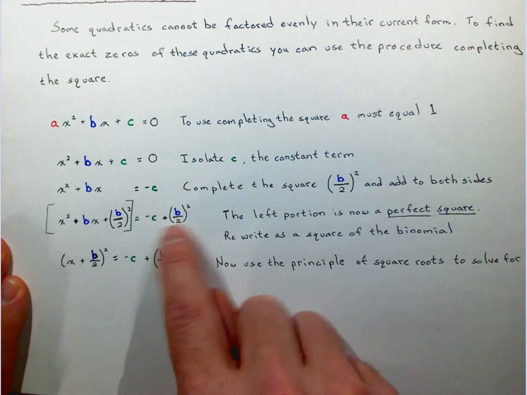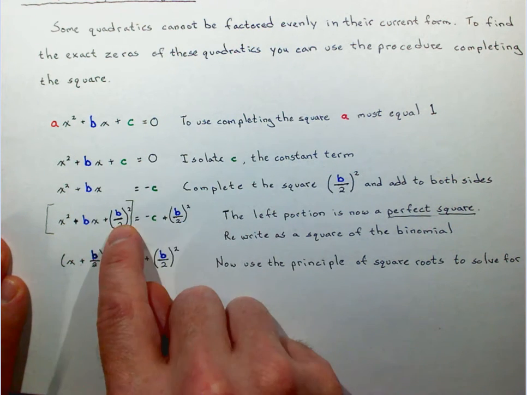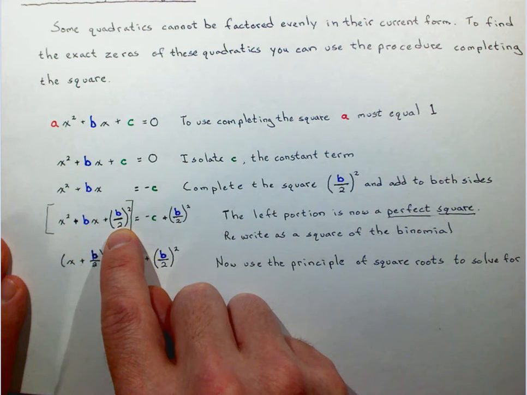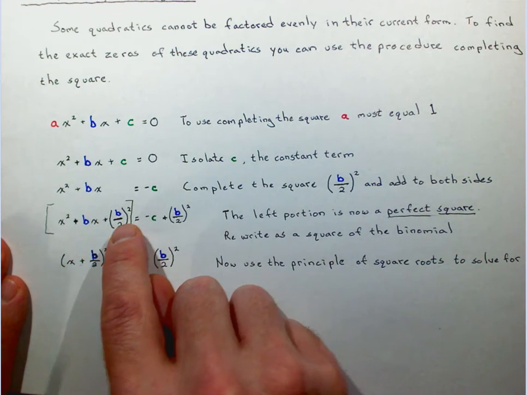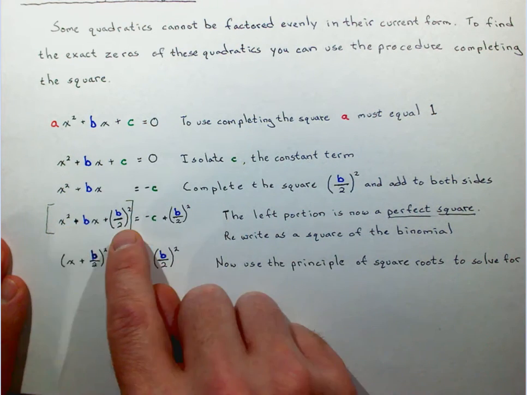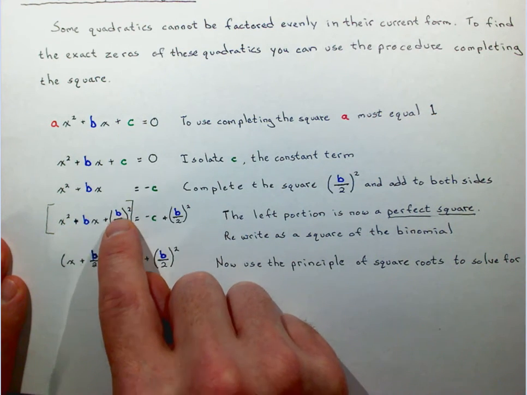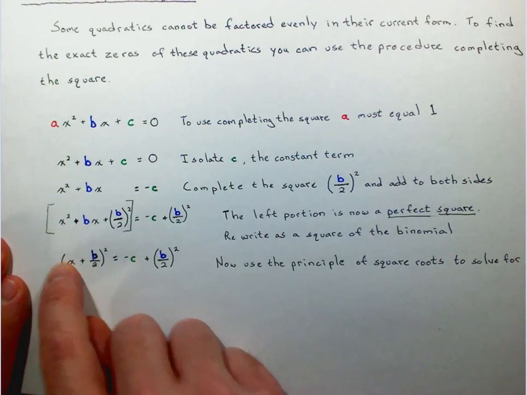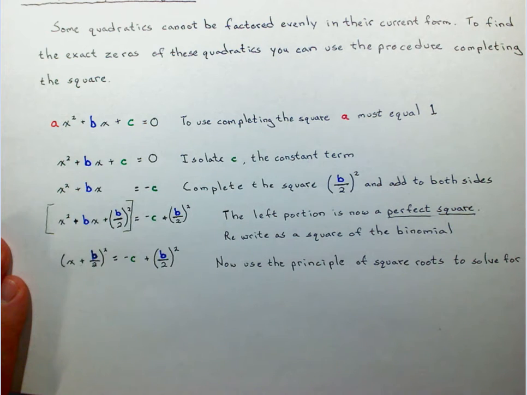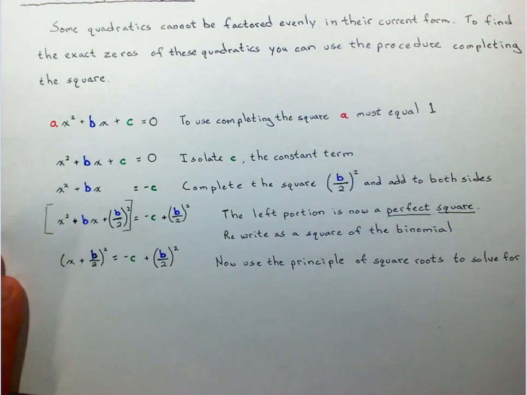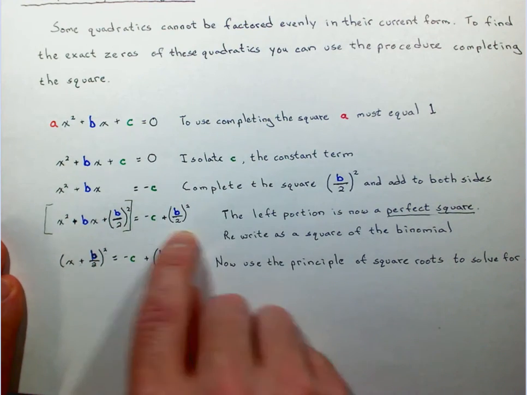I solve the fraction if I can. And then I simply take x plus whatever this fraction equivalent is, and then I write it as a binomial and I square it. It's a perfect square of that quadratic. And then on the right hand side, I just simply do the math and solve.